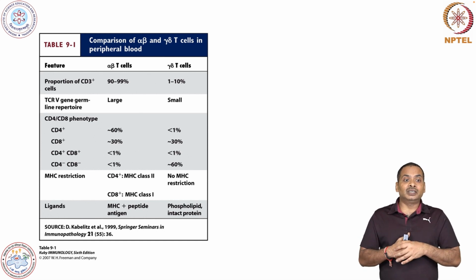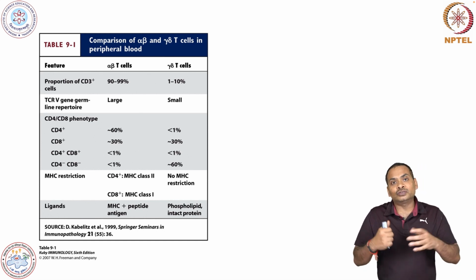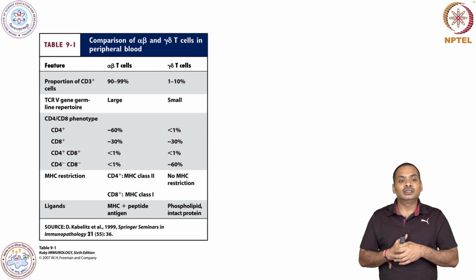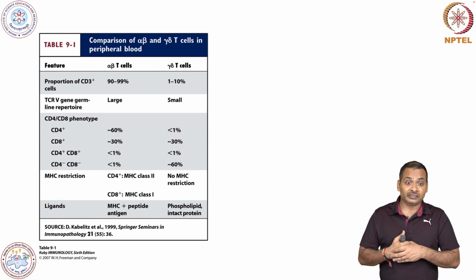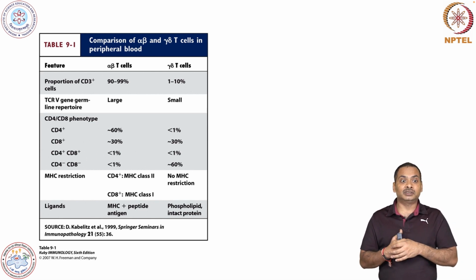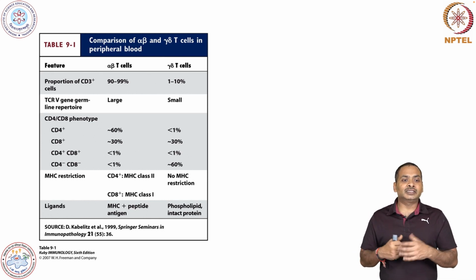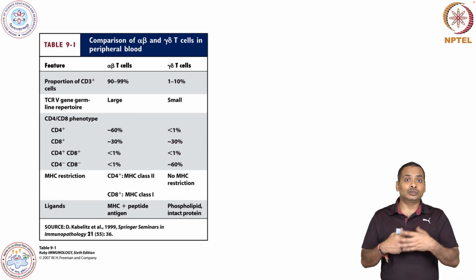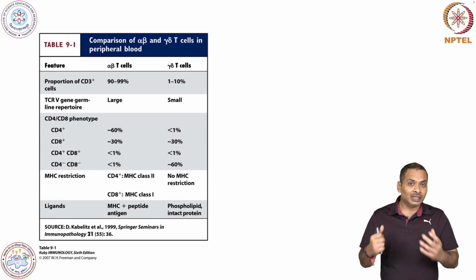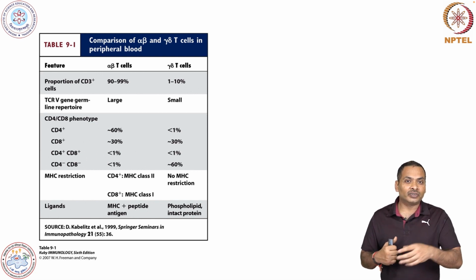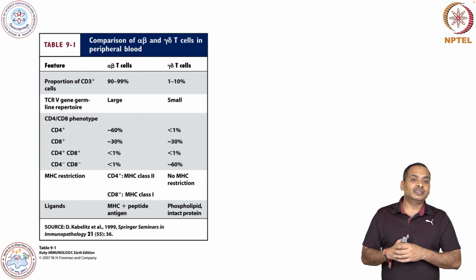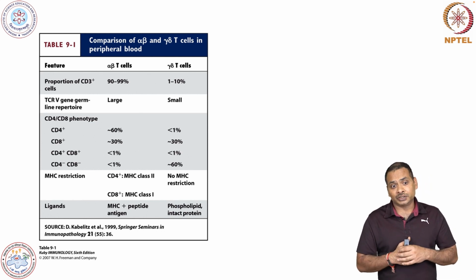In gamma delta T cells, most are double negative, about 60%, and a small fraction have the CD8 molecule.